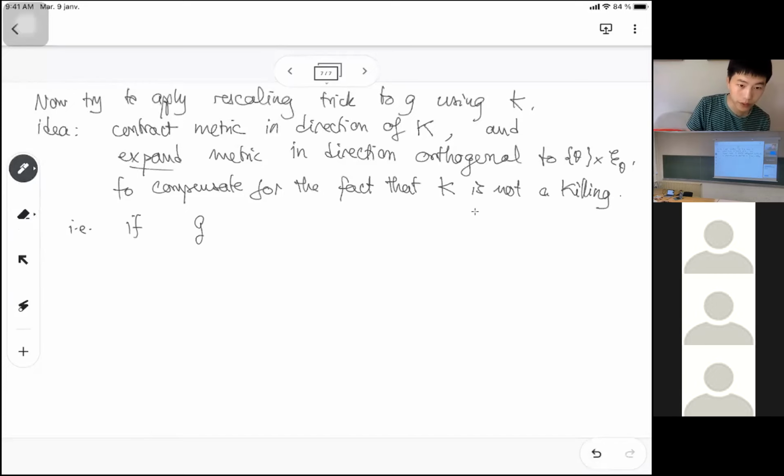So if your metric is given by that, sum of 3 metrics, remember that this is the part tangential to slices of the form E theta.